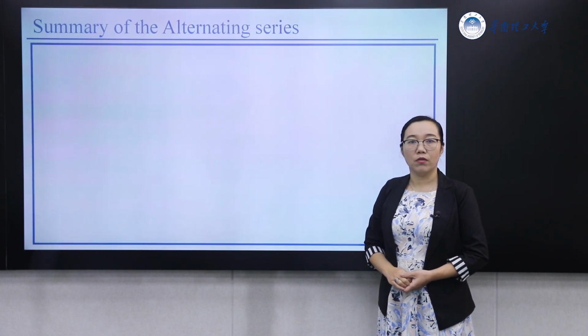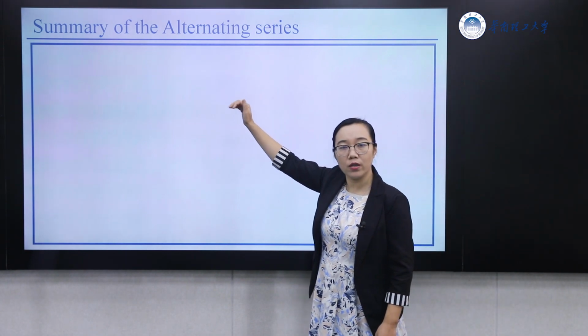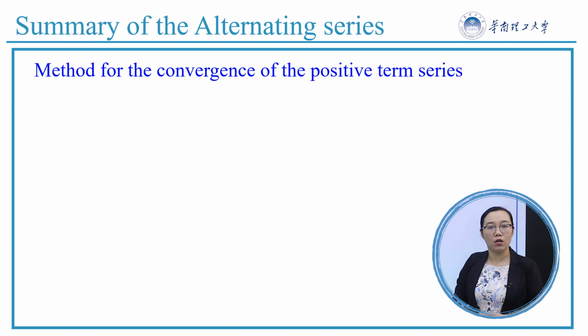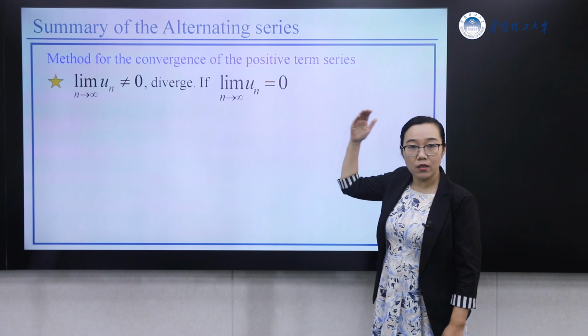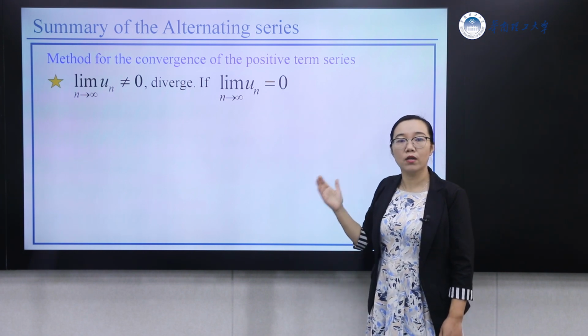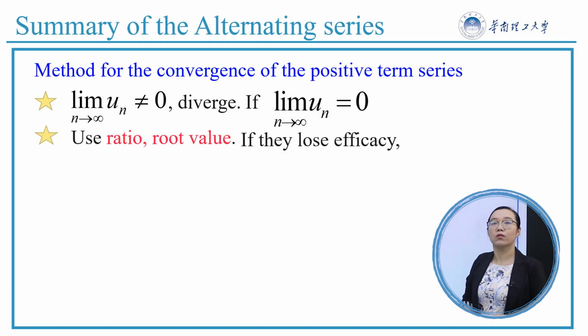Now, we have the summary of alternating series. There are some methods for the convergence of the positive term series. If the limit of Un does not equal 0, the series diverges. Otherwise, if the limit of Un equals 0, try to use the ratio test, root test.